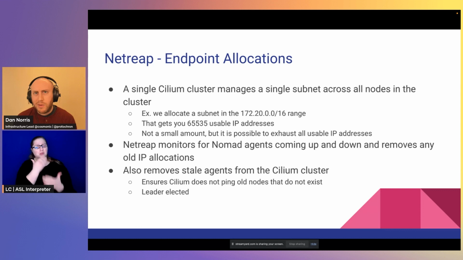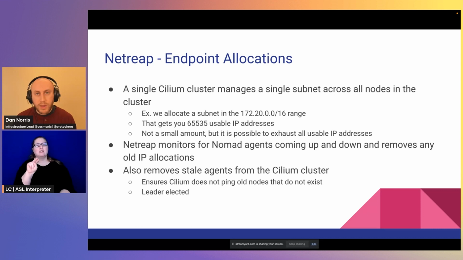More than likely you would never blow through that. However, now that we live in a containerized world and containers can spin up and down whenever they need to, you can, in theory, exhaust that, right? So we needed a solution to make sure that we didn't end up allocating all the IP addresses in that space, and we wouldn't be able to run any actual containers ever again. So Netreap fills in for that role for us.